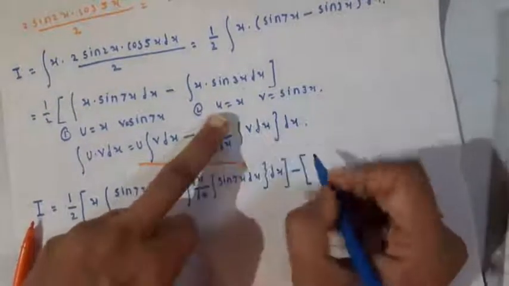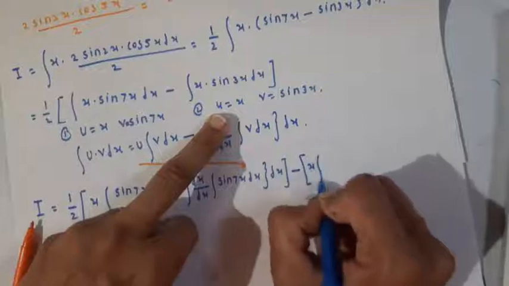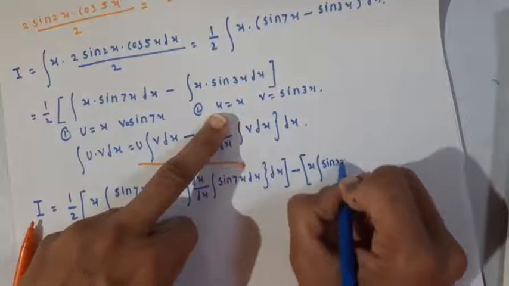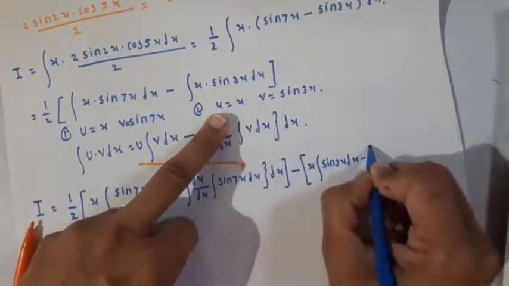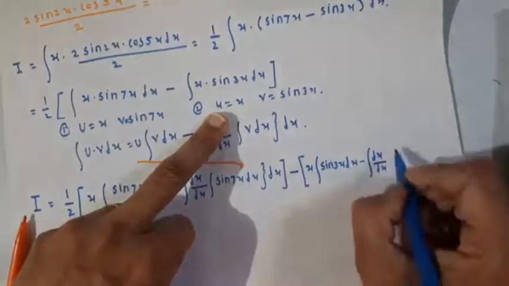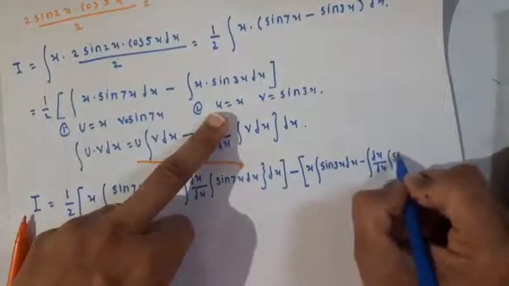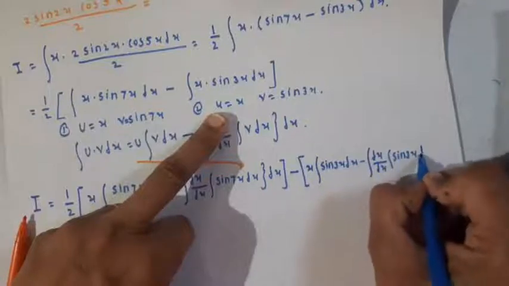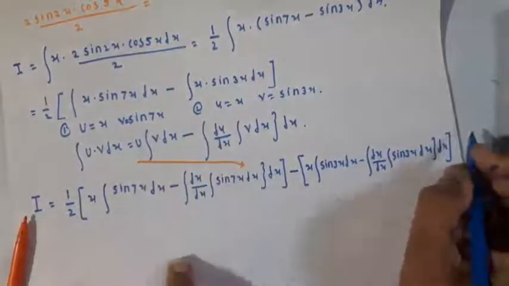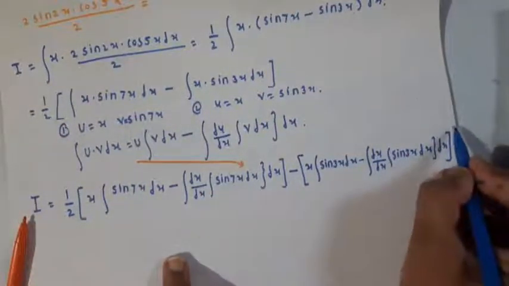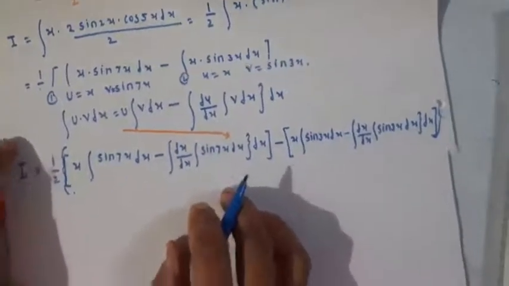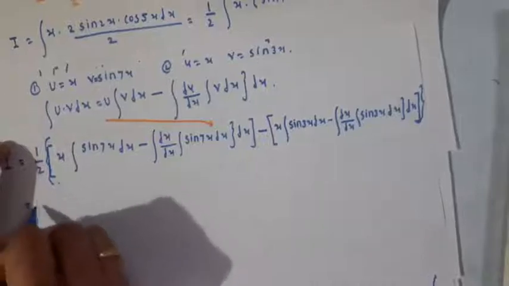So here u equal to x, that is x into integration of sine of 3x with respect to x, minus integration of differentiation of x with respect to x into integration of sine of 3x with respect to x, and whole integration with respect to x. Okay, in this way this is the integration.